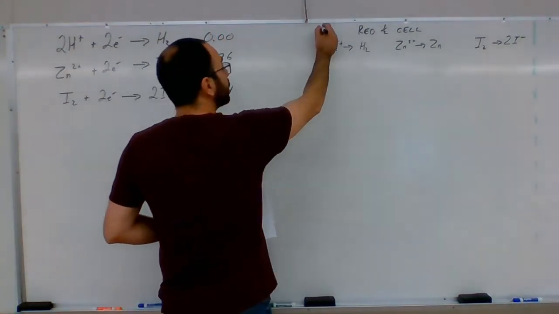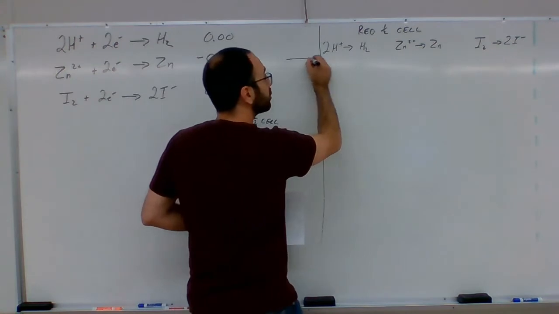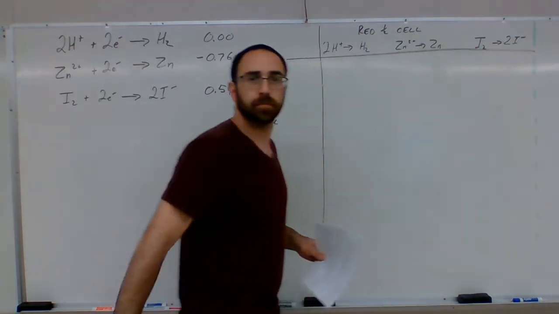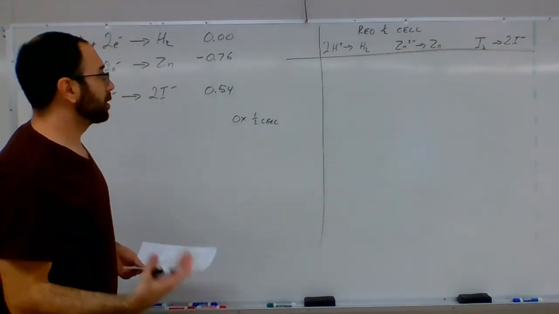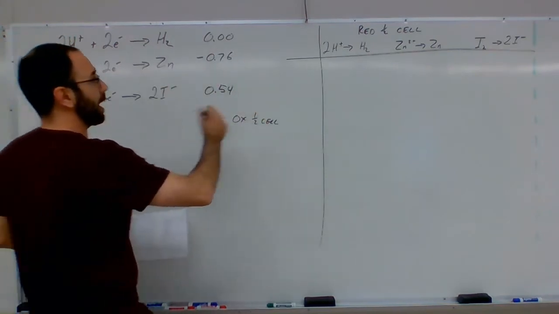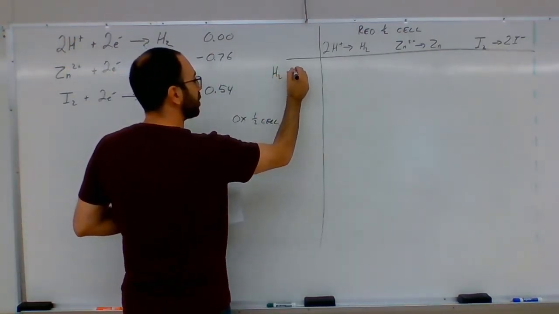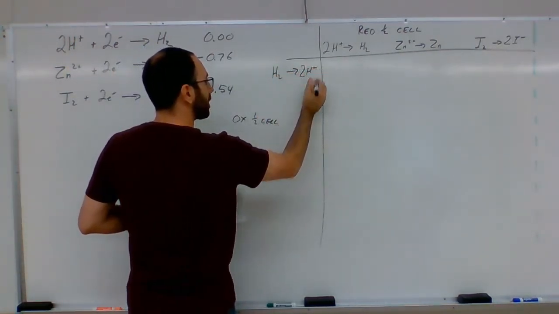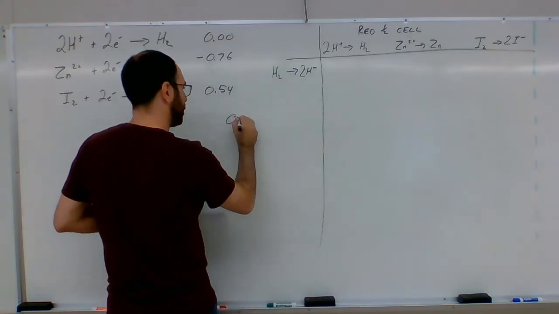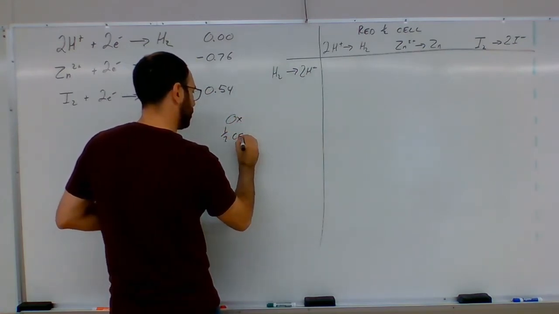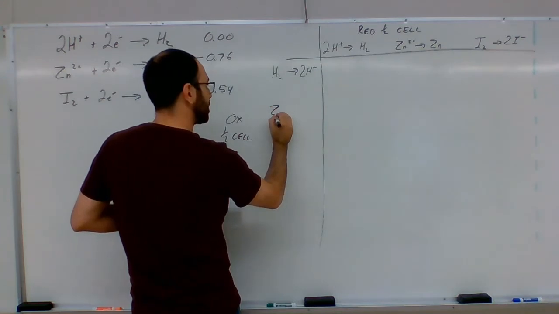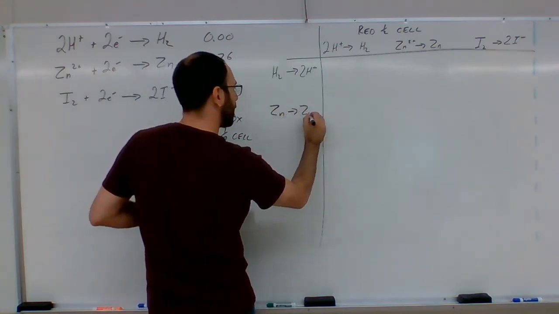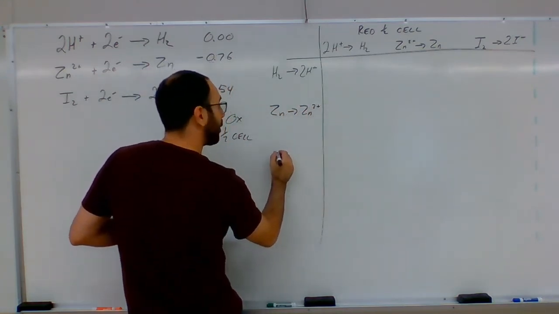I can also look at those oxidations, which would be the reverse reaction. So I would have my H2 going to my 2H+, I would have my zinc going to my Zn2+, and I would have my 2I- going to my I2.